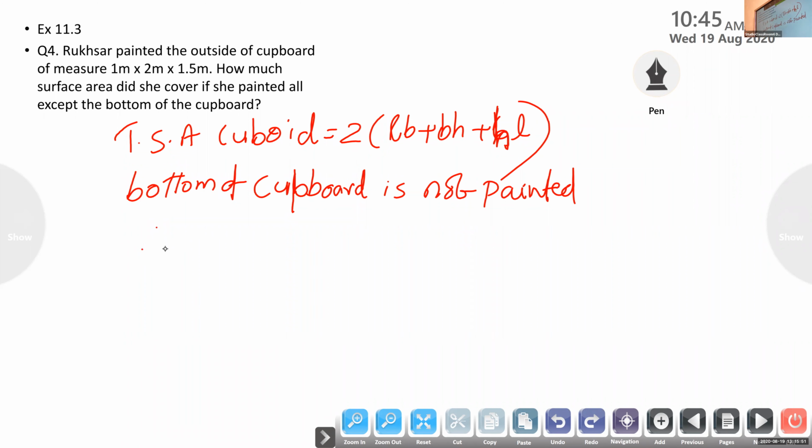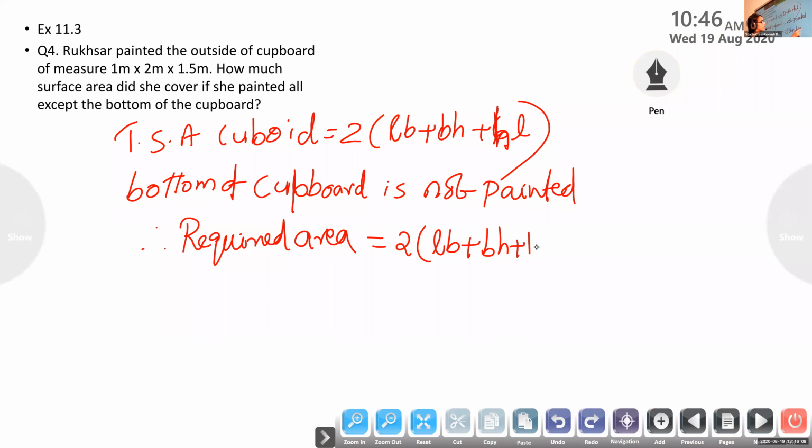Therefore, required area is equal to 2 into LB plus BH plus HL, minus the area of the base.